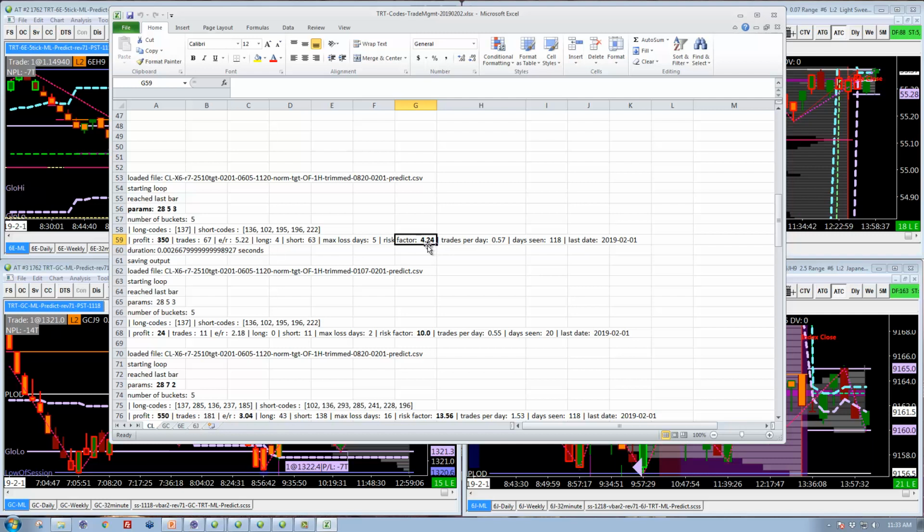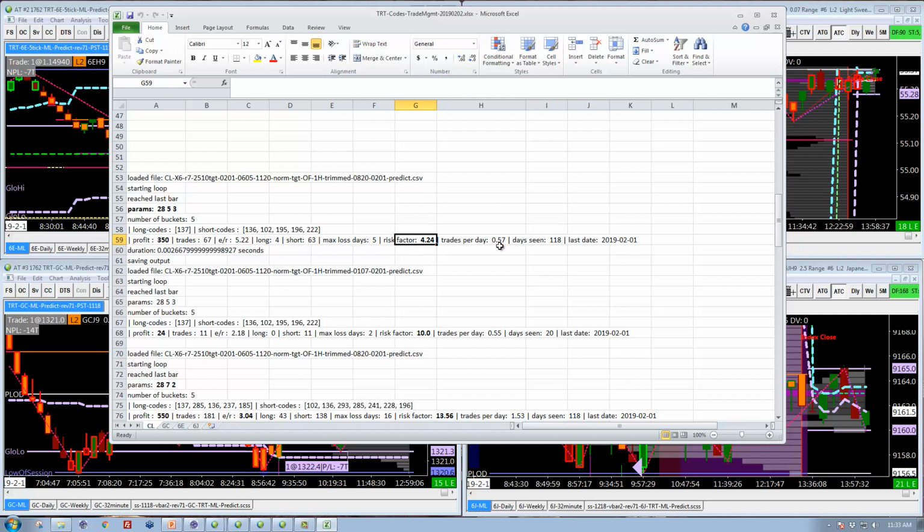What that means is, it's the percentage of time that you'll take a max loss day. There were 5 actually. You can do the math yourself. Max loss days equals 5, which is right here, and the total number of days was 118 in the data set.